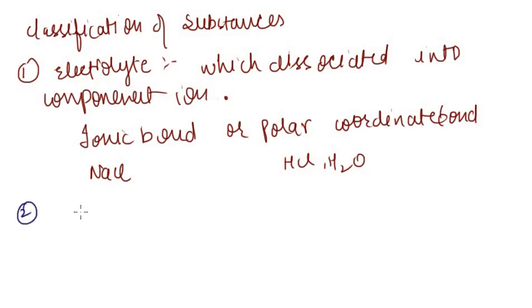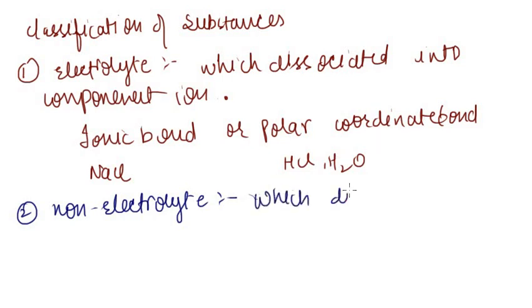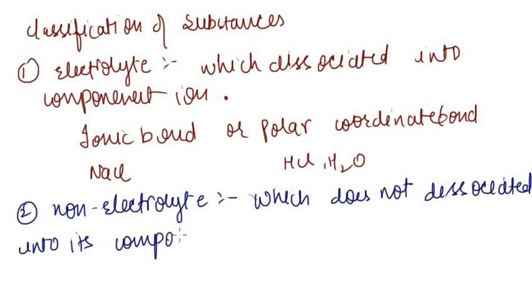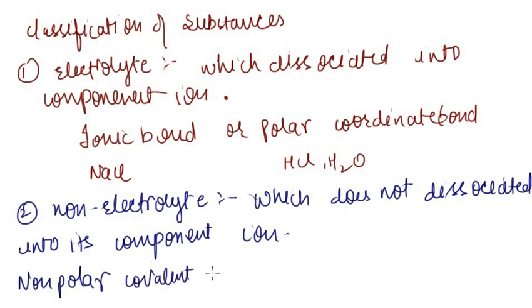And the second one is non-electrolyte. So what are the non-electrolytes? Those which do not dissociate into their component ions. Which do not dissociate is like a non-polar covalent bond, which is not polar in nature, whose dipole moment is 0, like urea, glucose, sucrose.